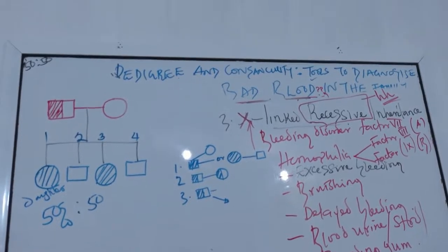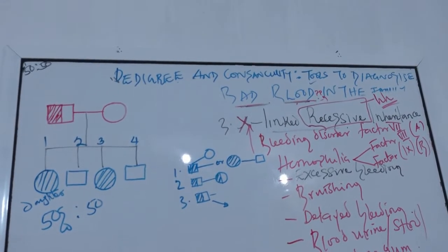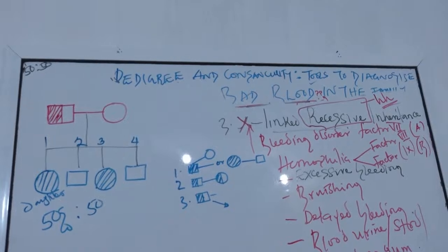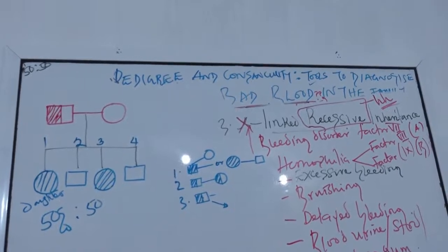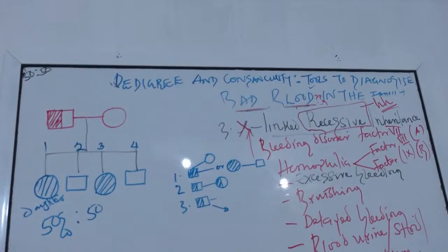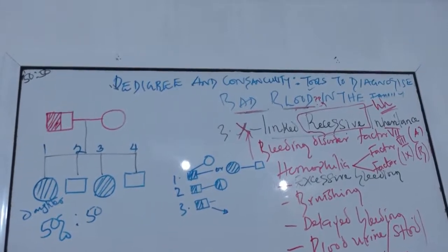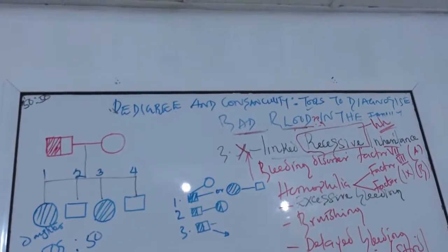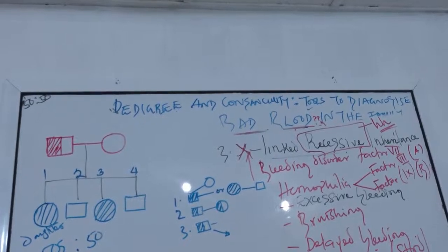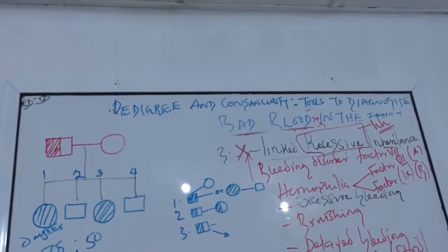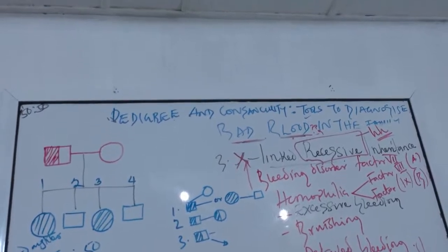The X chromosome of the mother is not susceptible to having the bad gene. So in this case 3 of X-linked recessive inheritance, we can see that the bad gene is actually coming from the father, who is a carrier.